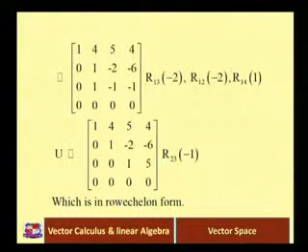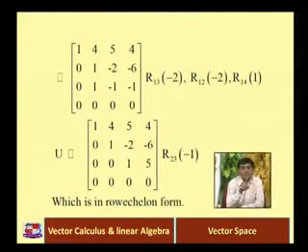Now in this row echelon matrix, you can see on the screen there are 3 rows which have a leading entry. First row has a leading entry 1, second row has a leading entry 1, third row has a leading entry 1.